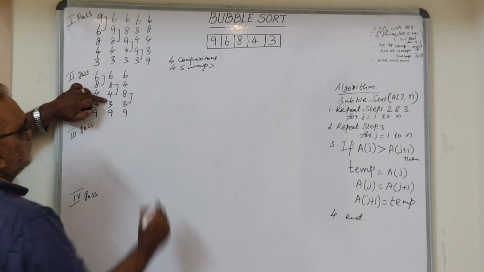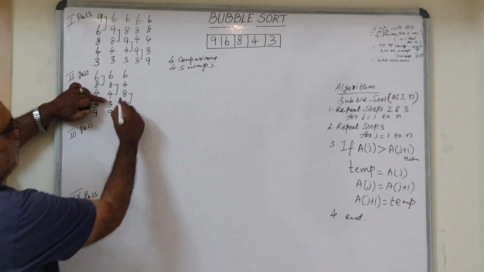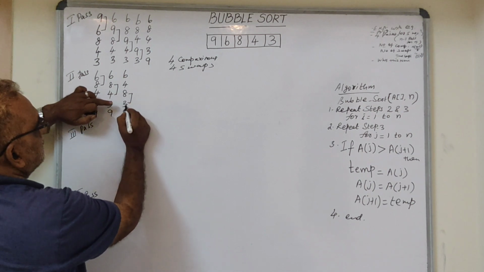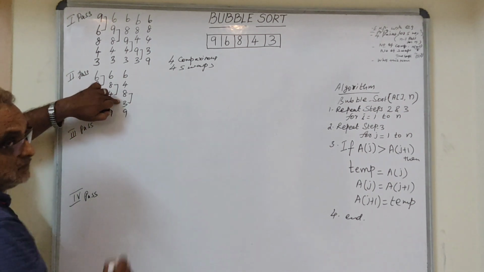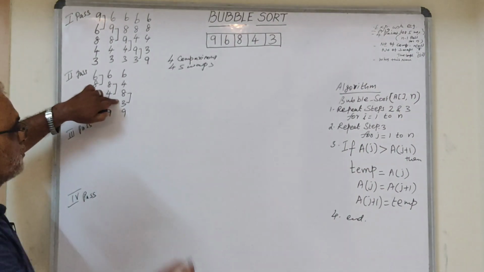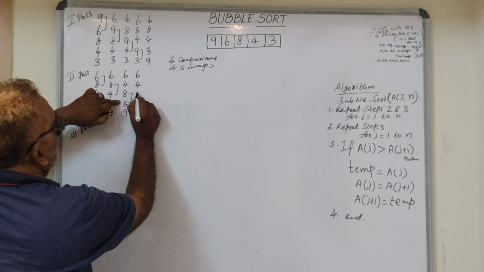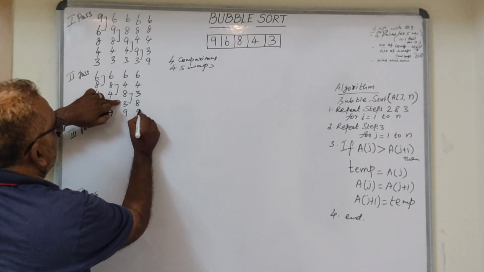Again, next comparison. This is A[j] and this is A[j+1]. Again A[j] is greater than A[j+1], so we have to swap the elements. This is 6, 4, 3, 8, and this is 9.